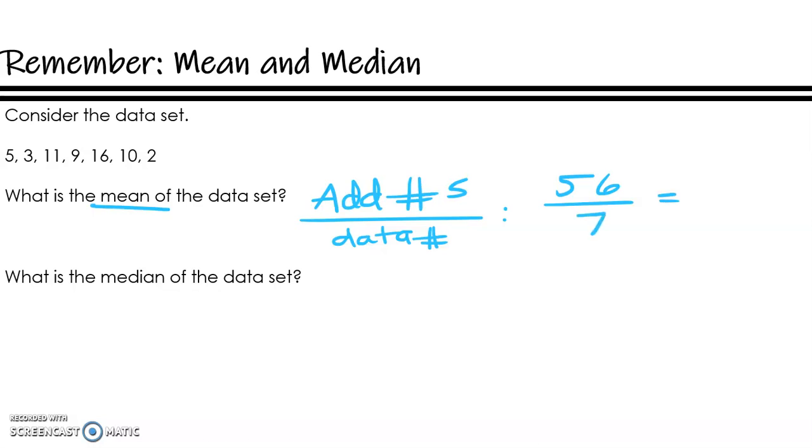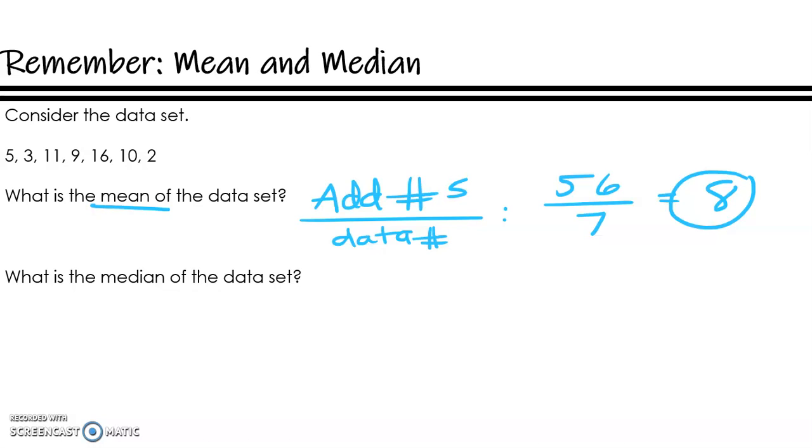And I know that 56 divided by 7 is 8. And always do a quick check, is my answer for mean somewhere in the middle of these numbers? And yes, 8 would be inside these numbers if I were to graph this or something like that. So I know that that makes sense.